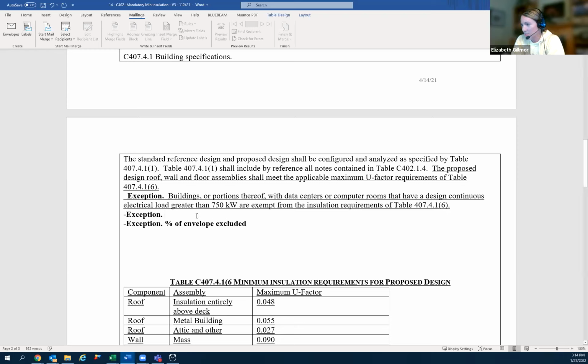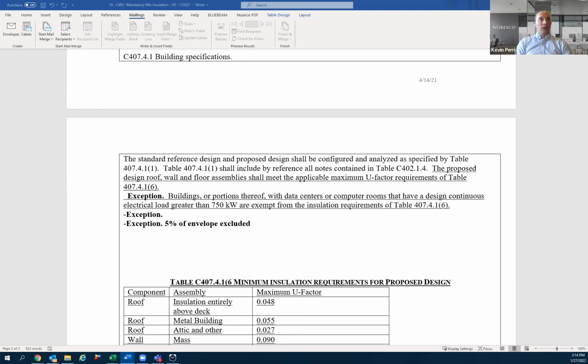I'm not sure what the magic number is here, and I'd be interested in opinions, but say 5% could be excluded from this, so that the intent of the backstop is implemented. We have to put continuous insulation on our steel framed walls. We can't get away with that anymore, so we could implement the big picture stuff while still allowing a little flexibility.